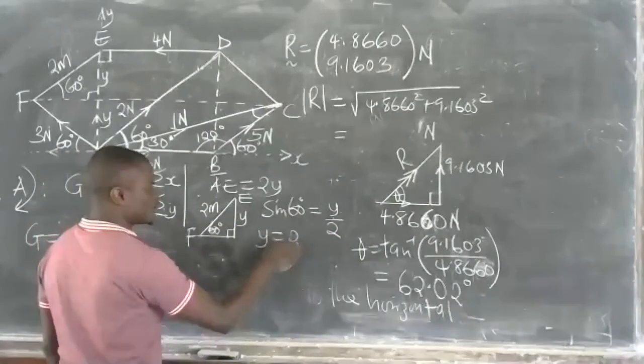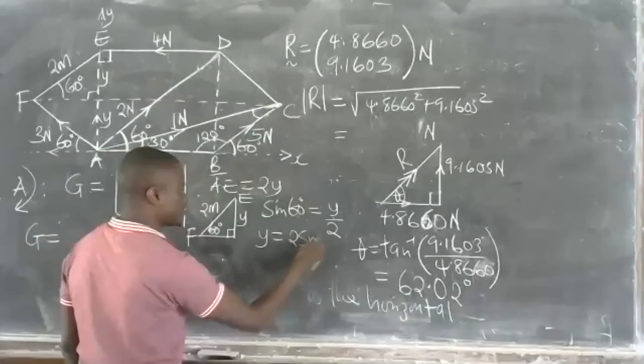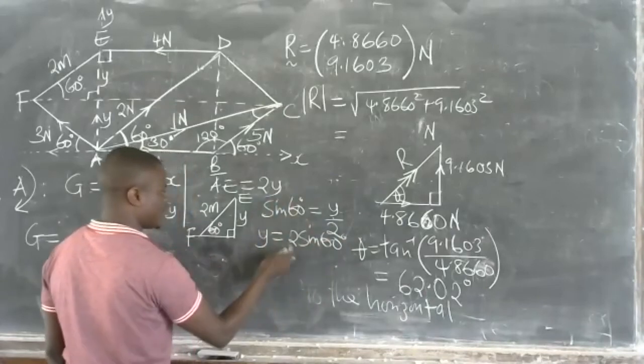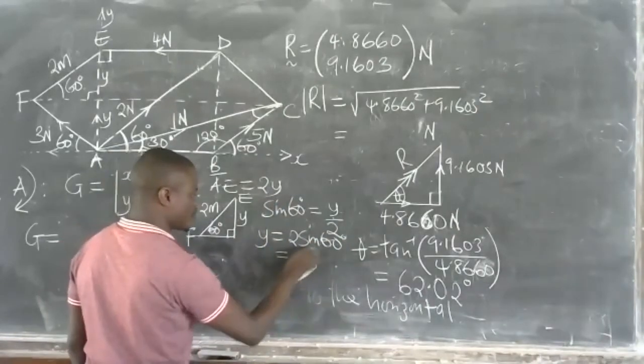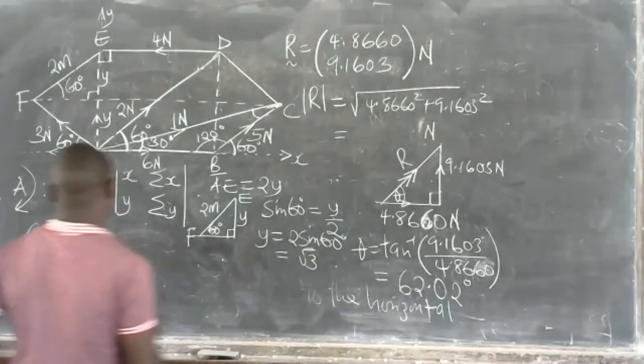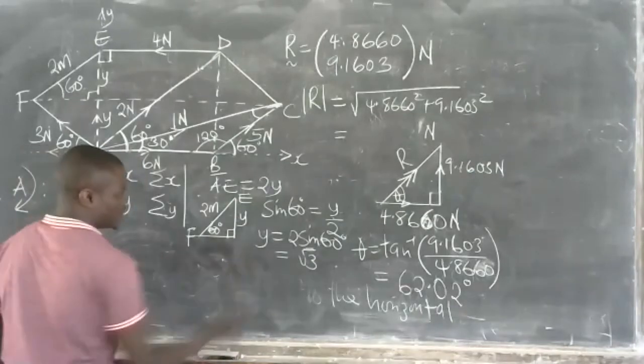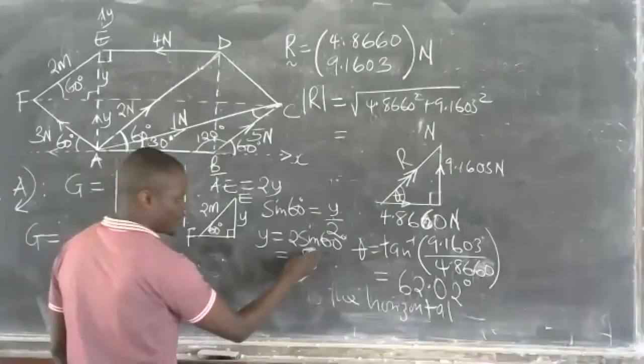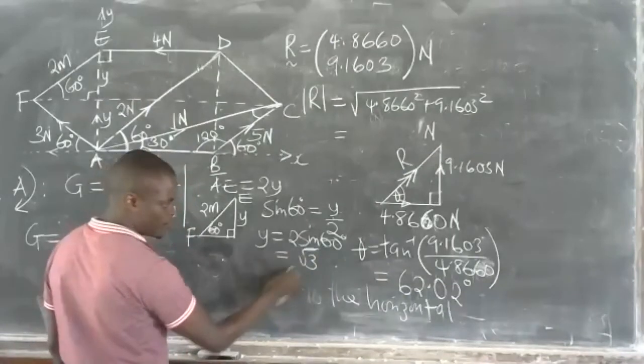This will give us y as 2 sine 60 degrees, which gives us root 3, or 1.7321. You can have this to 4 decimal places if you want.